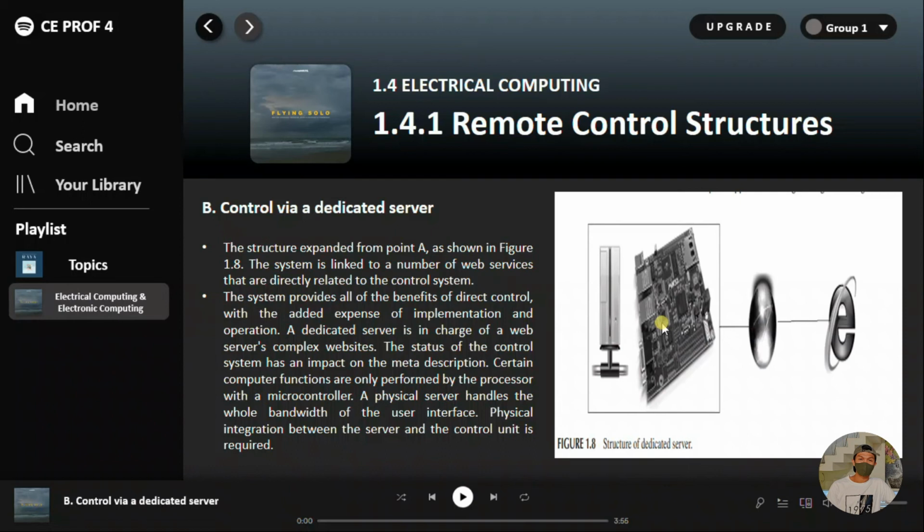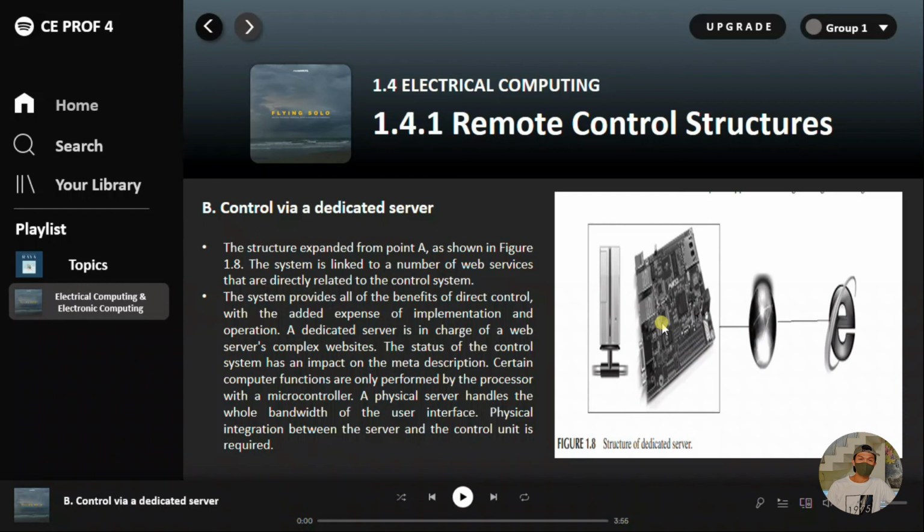Certain computer functions are only performed by the processor with a microcontroller. A physical server handles the whole bandwidth of the user interface.